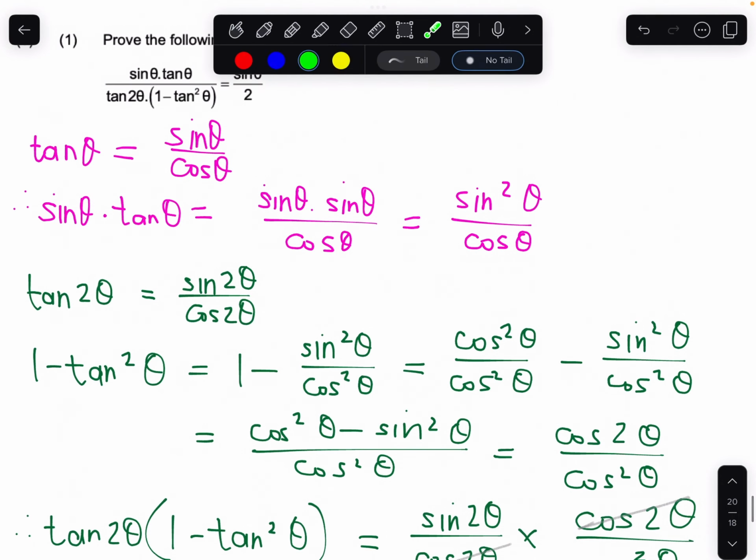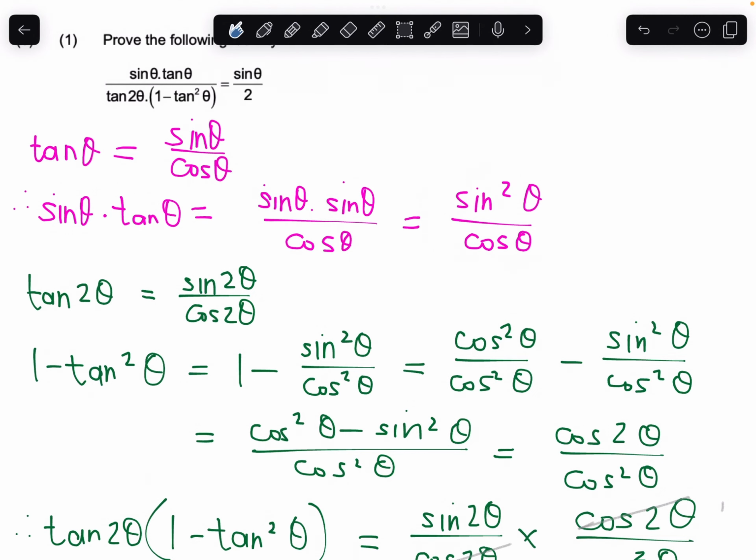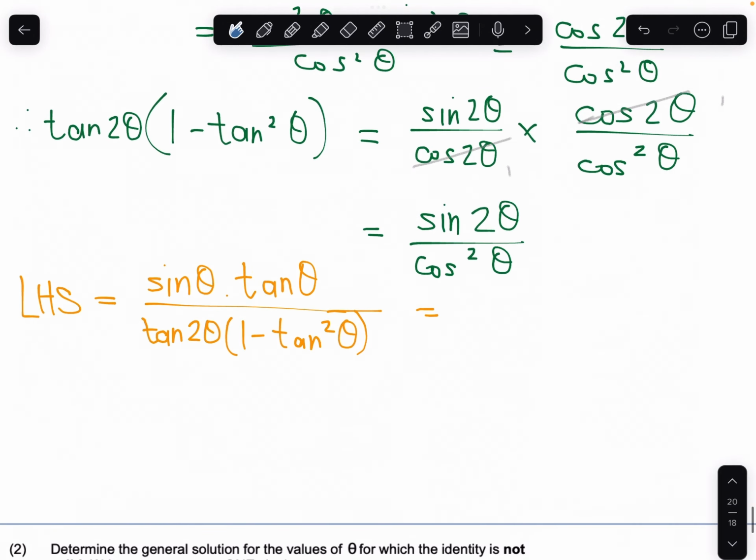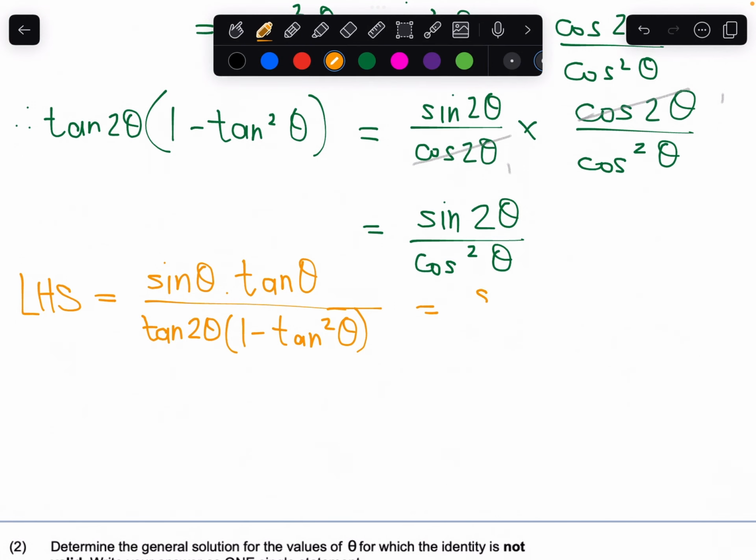So this simplified to this, sine squared theta over cos theta. And we are dividing it by this guy, which is what this simplified to.